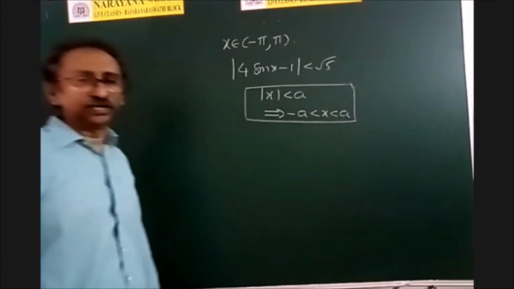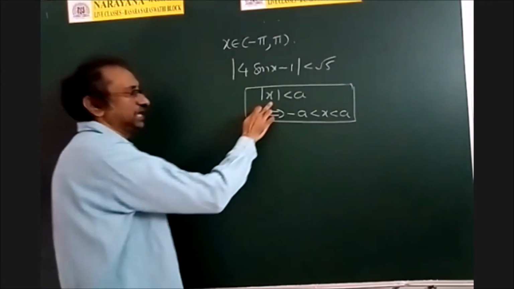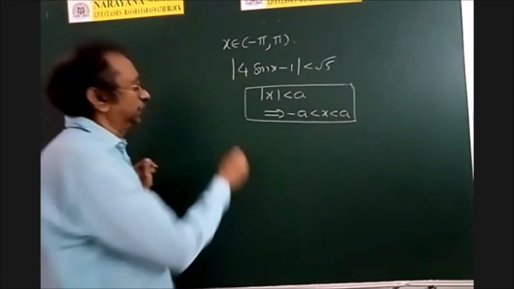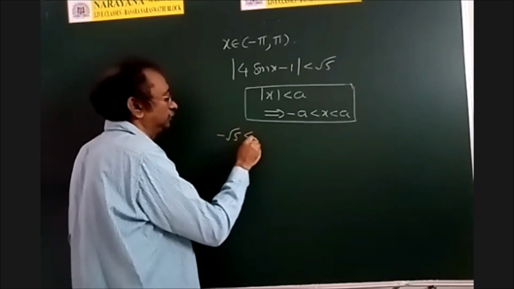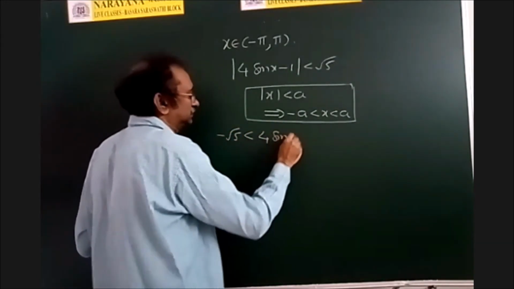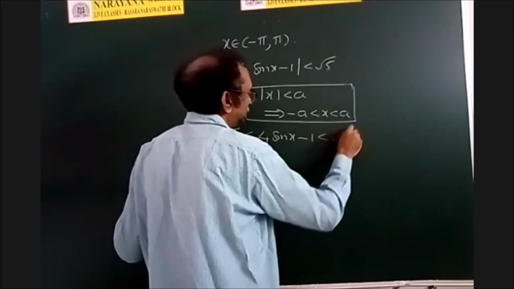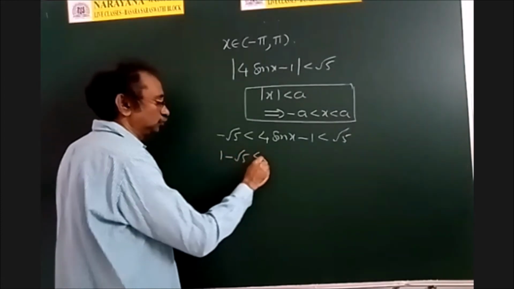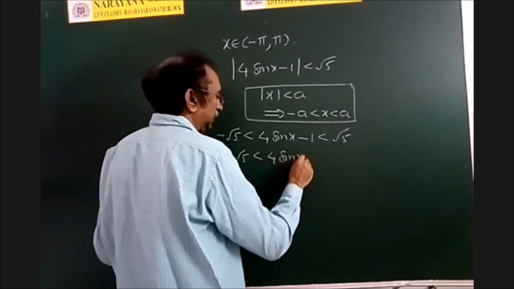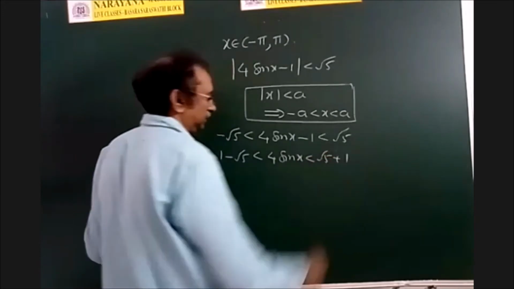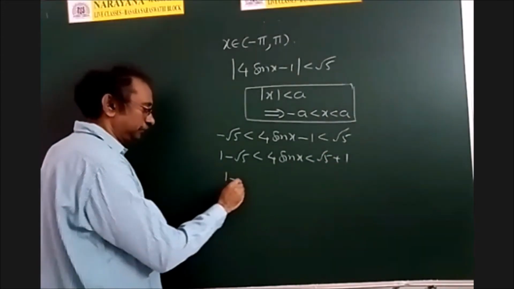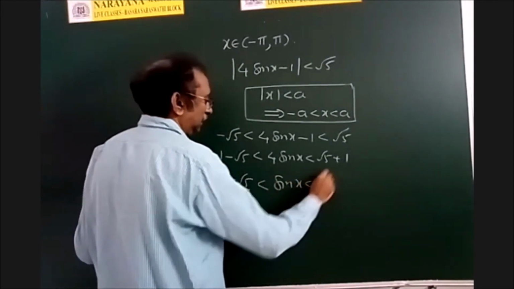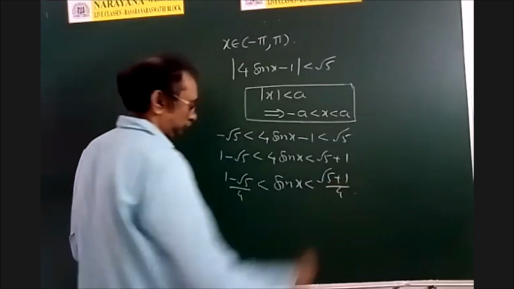That is a point you should remember. So here, minus root 5 less than 4 sin x minus 1 less than root 5. Add 1. So 1 minus root 5 less than 4 sin x less than root 5 plus 1. Divide by 4. (1 minus root 5) by 4 less than sin x less than (root 5 plus 1) by 4.